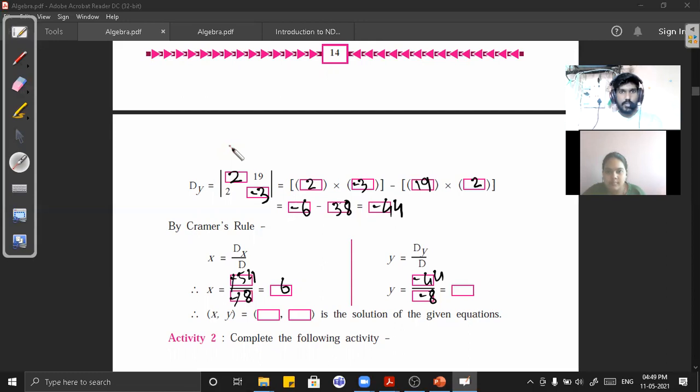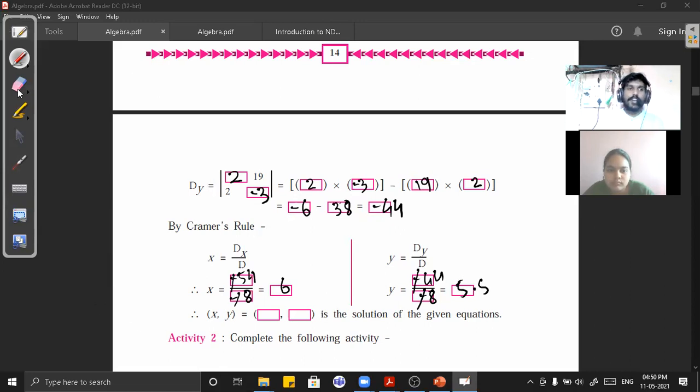But I'll just check. 2 into minus 3. Yeah, it's correct. Here the minus minus cancel and it's just 5.5.